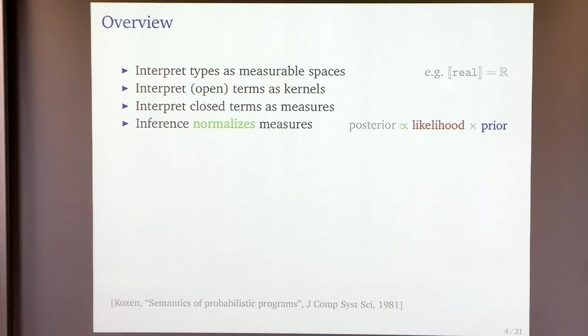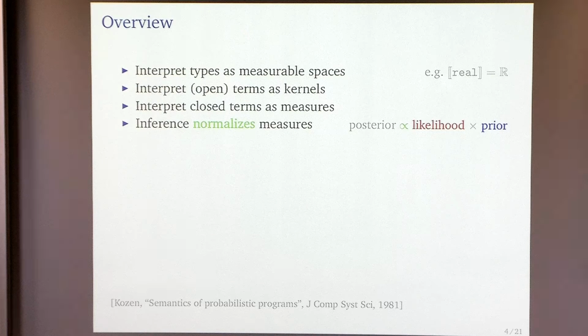Okay, so here's the overview of what I'm going to do. I'm going to develop denotational semantics for this kind of idealized Anglican probabilistic programming language. I'm going to interpret types as measurable spaces. It's a type language, so the meaning of a type is a measurable space.